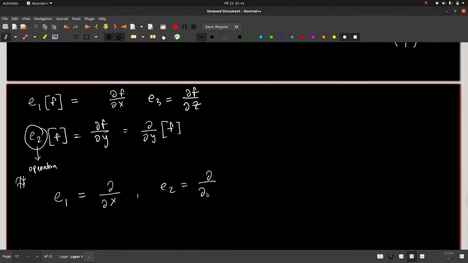At first, this may look very weird and shocking, but this is in fact how basis vectors are defined in multivariable calculus. In multivariable calculus, these are just defined and there is no way to see how this comes in the first place. But once you adopt the language of manifolds, this is emergent, it comes very naturally.